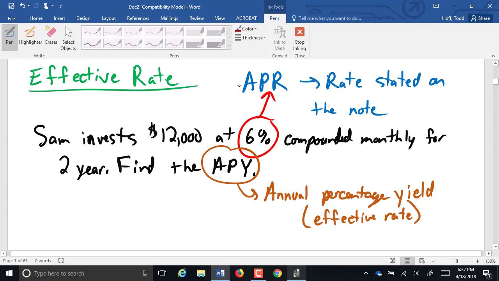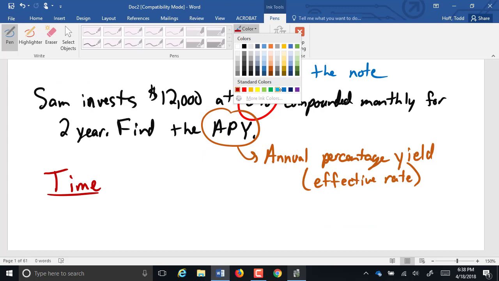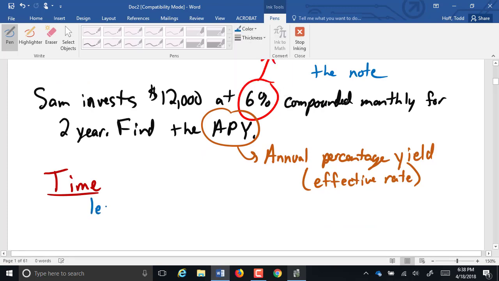For effective rate, or APY, we have to talk a little bit about the time. If the time is less than 1 year, we'll use the actual time.